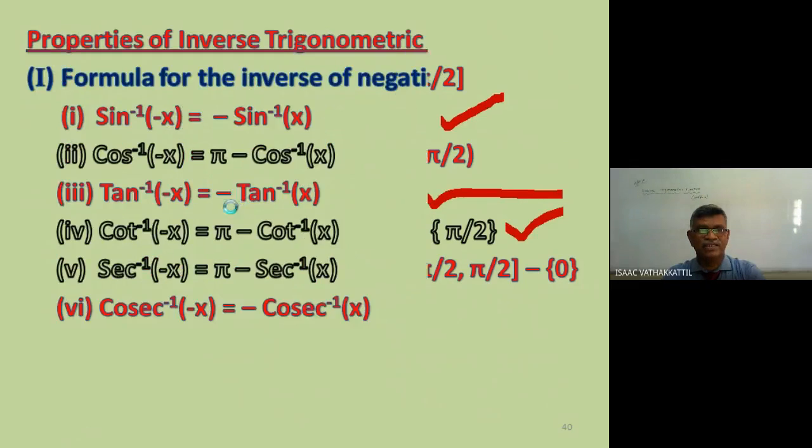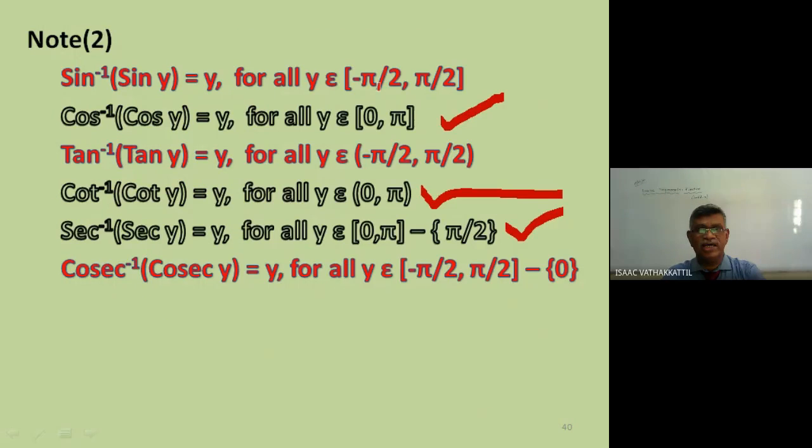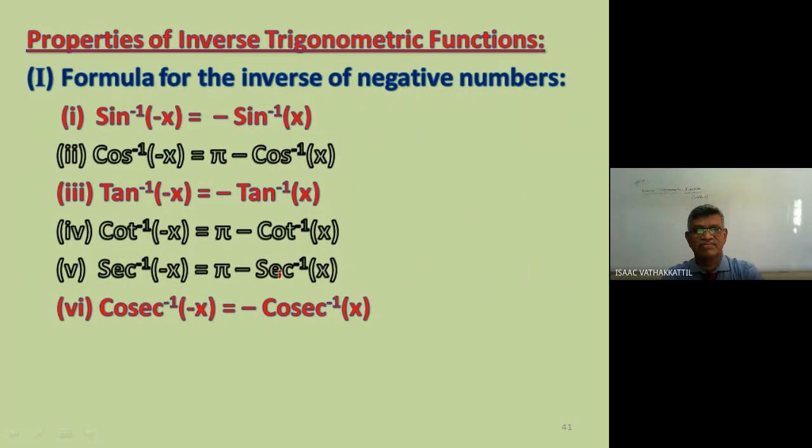There we have pi minus. Look at pi minus. Whereas those associated with minus pi by 2, which are sine inverse, tan inverse, cosec inverse, we have direct minus. So sine inverse of minus x is minus sine inverse x, tan inverse of minus x is minus tan inverse x, cosec inverse of minus x is minus cosec inverse x. Whereas for cos inverse, cot inverse, sec inverse, we have pi minus. Take care of this.